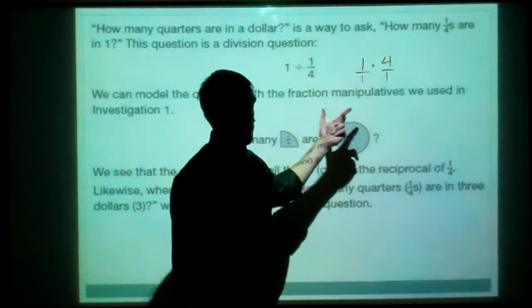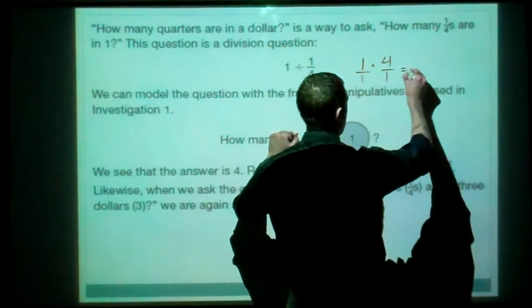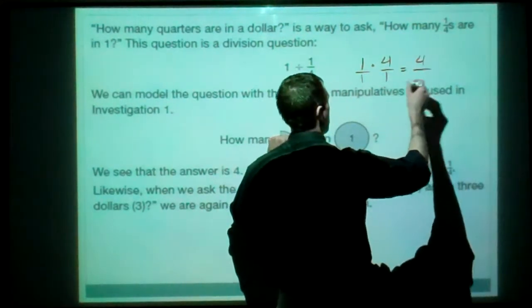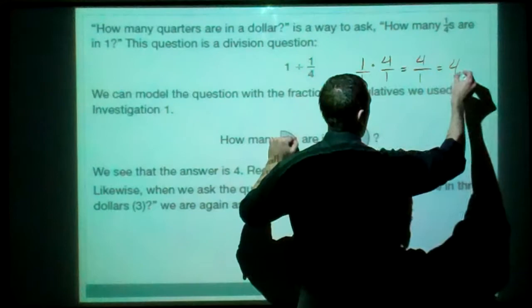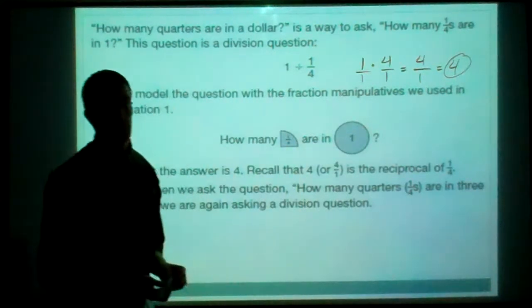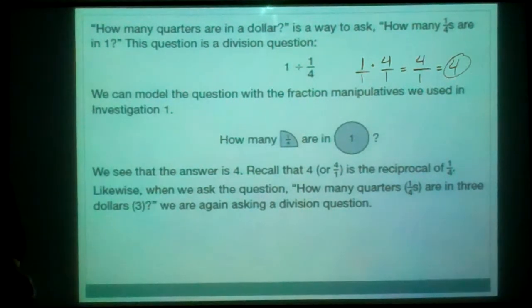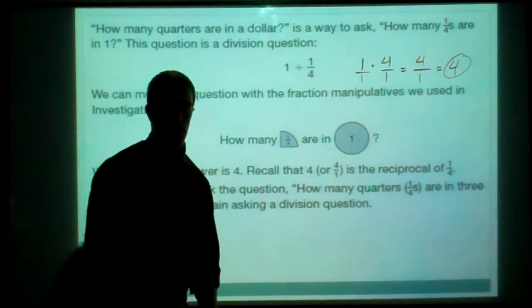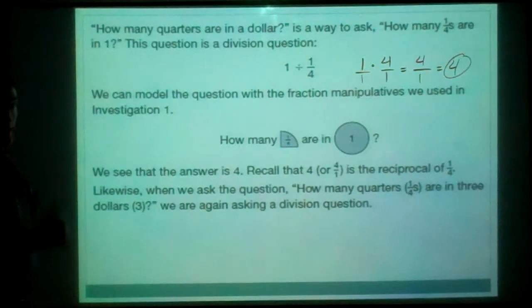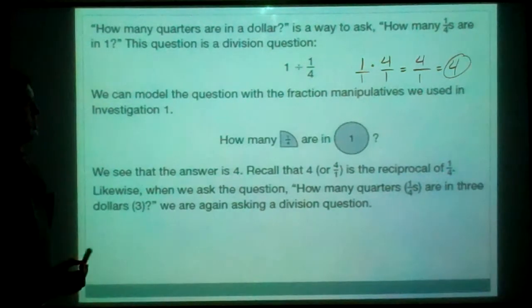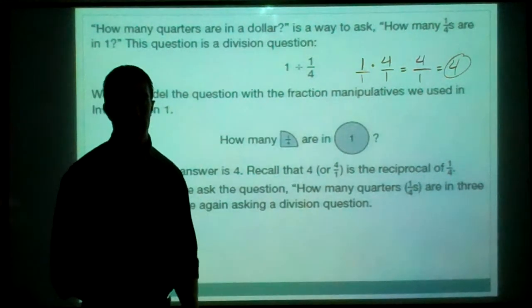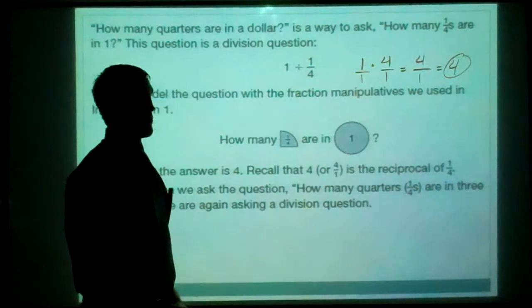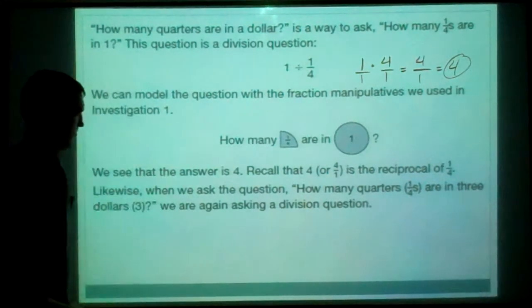This one we're not going to have to do that. 1 times 4 is 4. 1 times 1 is 1. 4 over 1 is just 4. That's our rule. That's how we can do that mathematically when we want to divide with fractions. Apply our rule, which is taking the reciprocal of the second number and then turning it into multiplication.